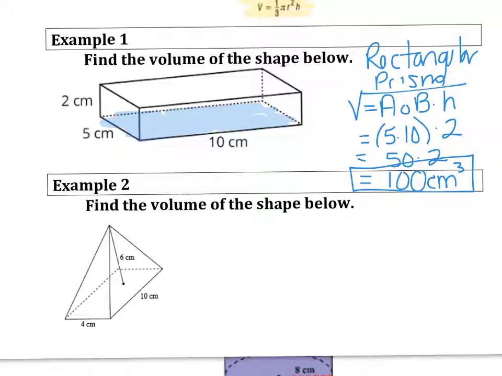Okay, my next figure is clearly a pyramid, and we're asked to find the volume of this shape. Now notice it's a rectangular base, so we'll call it a rectangular pyramid to be specific.